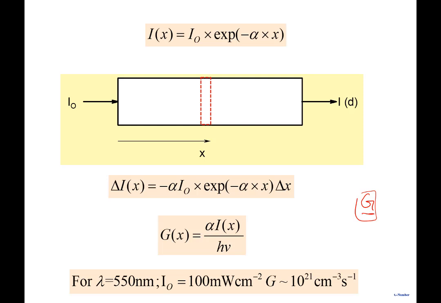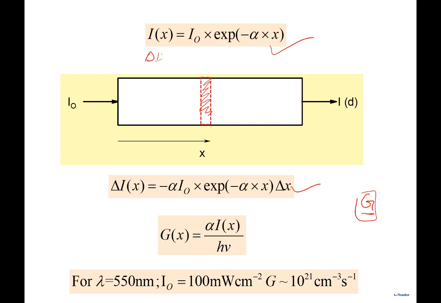I've done a simple calculation by taking the same model of how the light intensity goes. In a small area like this, the amount of light intensity which gets absorbed is delta Ix. So this is given here.